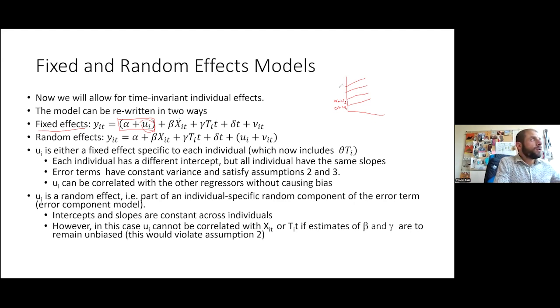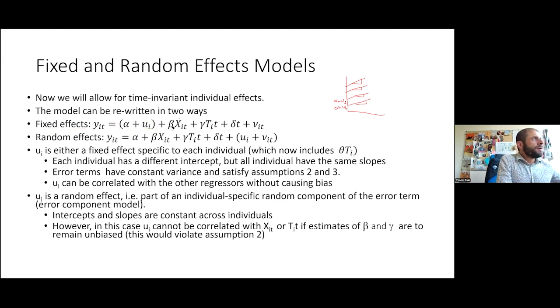However, here we have only one beta. That's why the slope here will be the same for everyone, one beta, right? So here, what I've done, I've taken the UI and merged it with the intercept, okay?